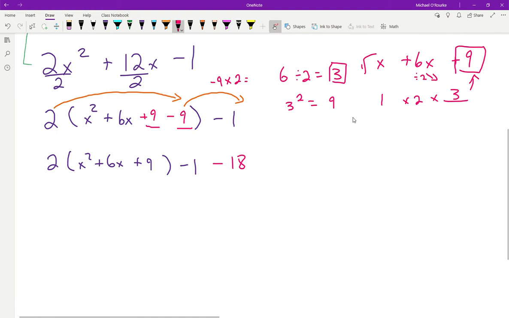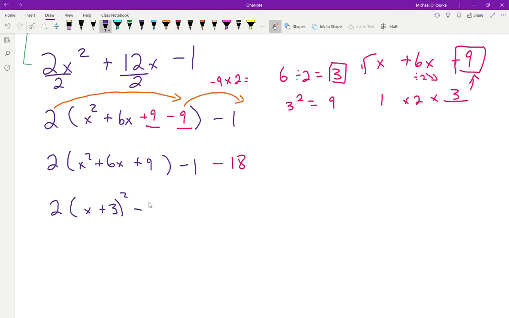Does that make sense? Okay. So now we're at the exact same position we've been at before. We're just going to leave this 2 out in front. And the reason I made a square around this is because when we factor this, the middle term divided by 2, which was 3, is actually the number that's going to go in here.